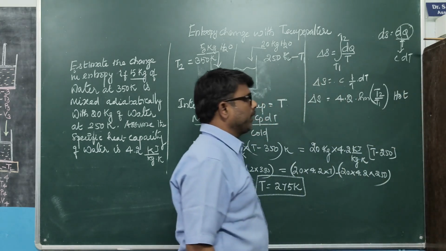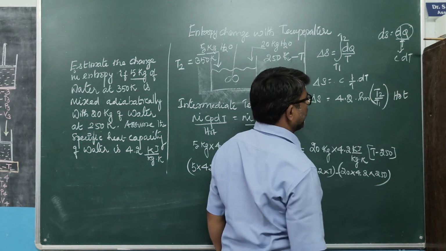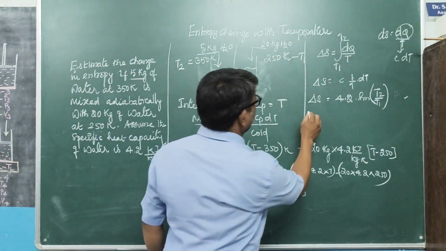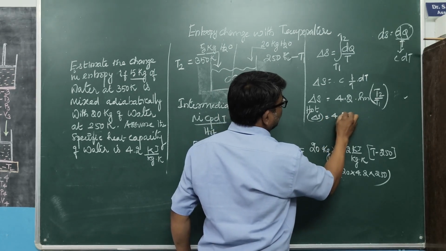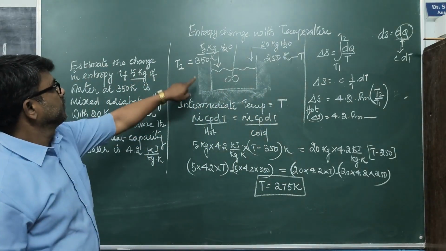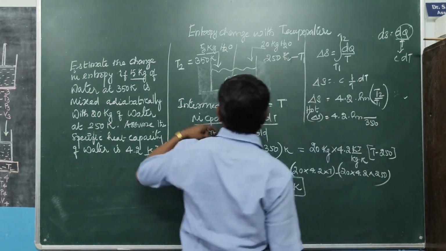Similarly for cold fluid, only the temperature change gets different. For hot fluid, del S is equal to 4.2 into ln. Which one is the initial temperature? 350 is the initial temperature, that is T1. Which one is the final temperature?